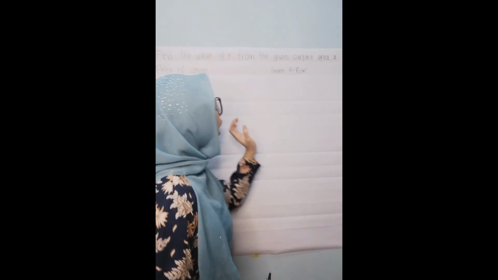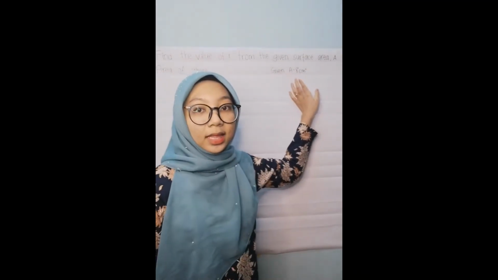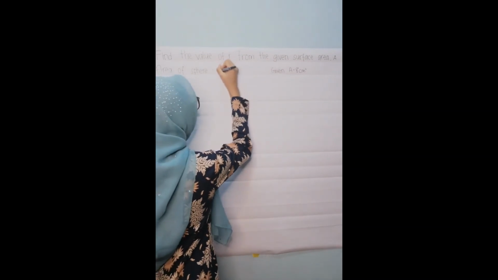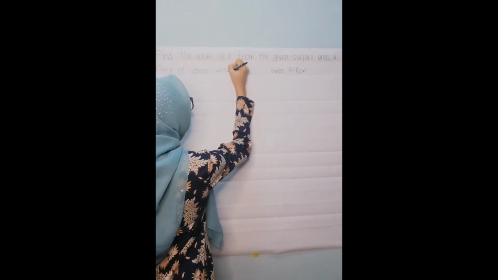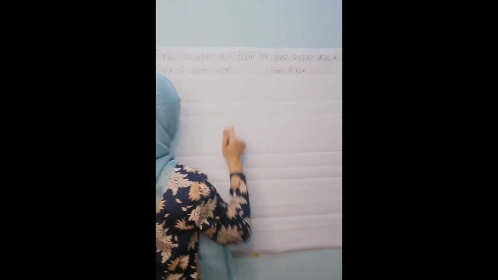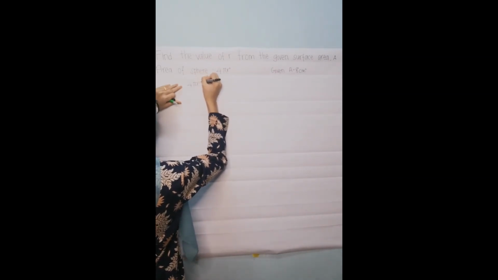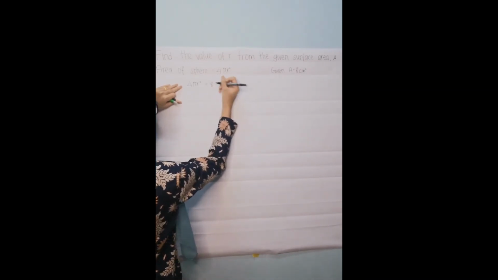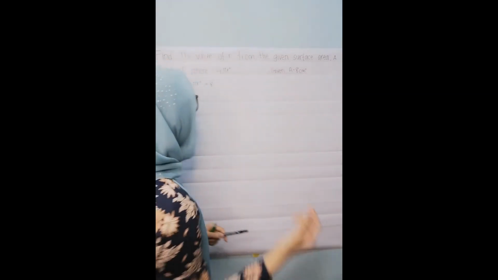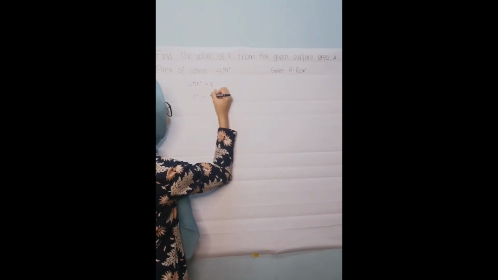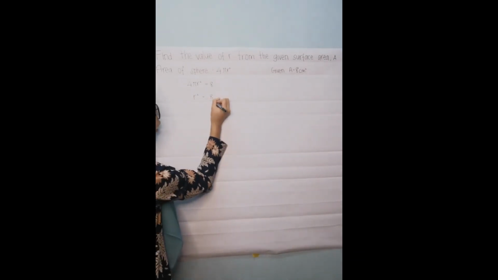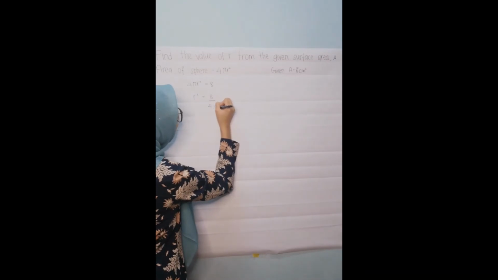The area given in this question is 8 centimeters squared, and we know that the area of a sphere is 4 pi r squared. So the area of the sphere equals 8. First, 4 pi r squared equals 8, and then we need to find r. r squared equals 8 divided by 4 pi.